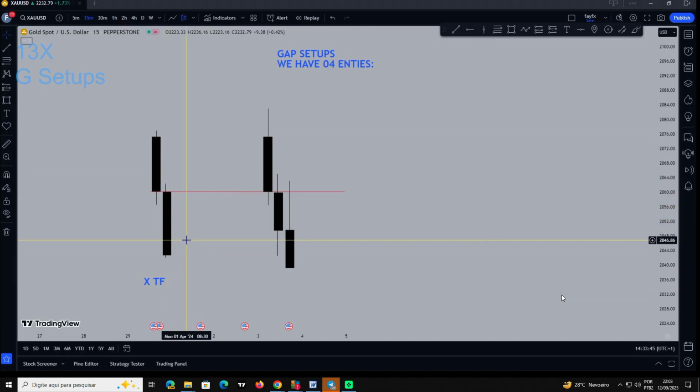We have a bearish gap in X time frame, and we have a bearish gap CC one time frame lower. So this one we call a gap to gap CC.